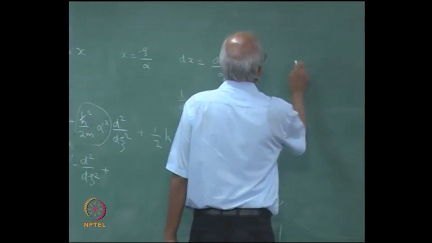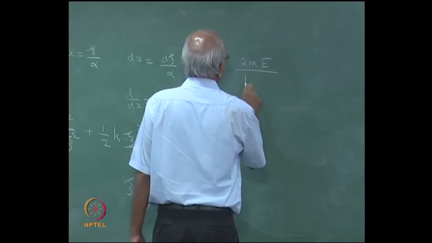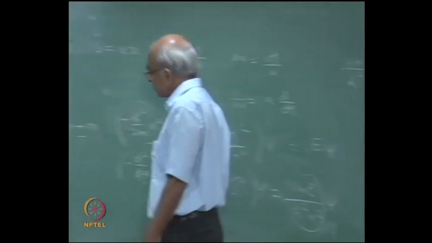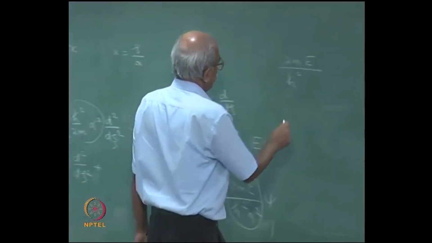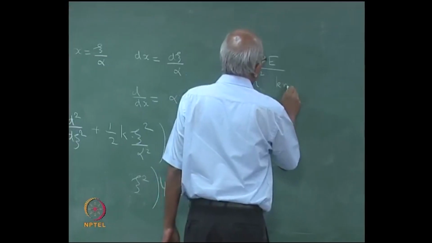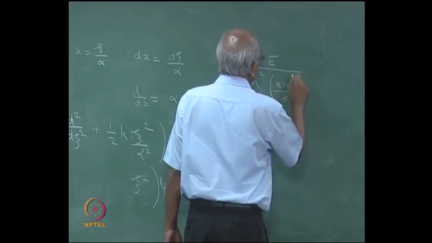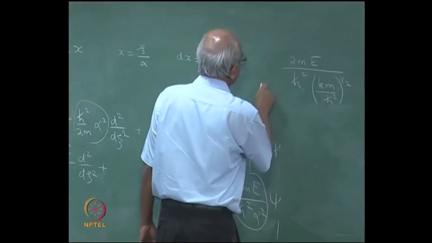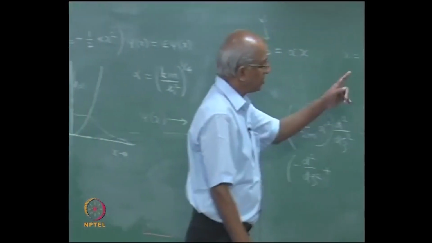Maybe here, 2m E divided by h cross square alpha square, but alpha is so much. So, this is going to be actually k m divided by h cross square to the power of half. This is that object. Now, you can simplify this.